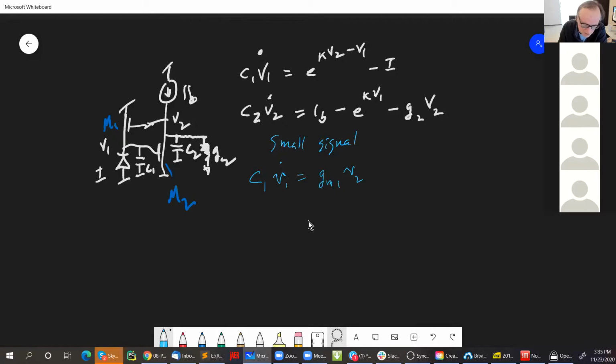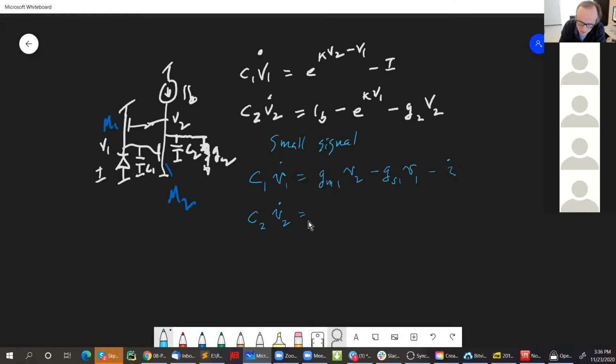So that's the transconductance of transistor M1 with V2, minus GS1, the source conductance of this one, times V1, and then minus the small signal current, little i. Remember, when you do small signal, you just subtract the DC part and make a small change, little i, around the DC part.